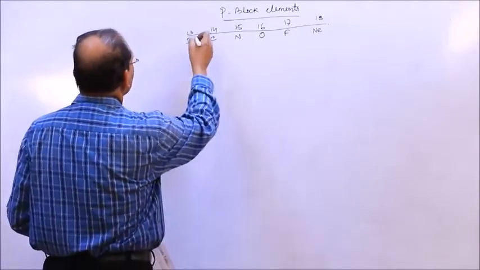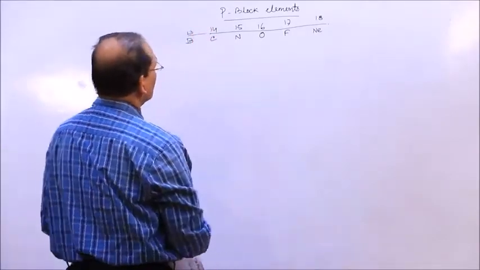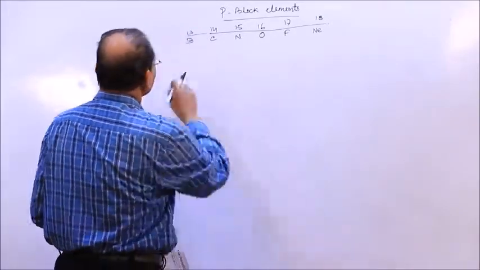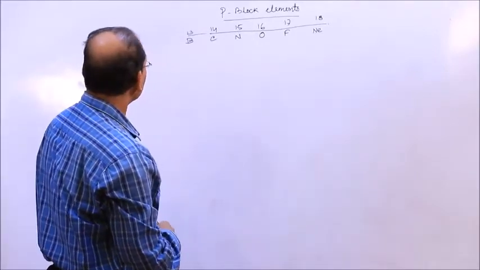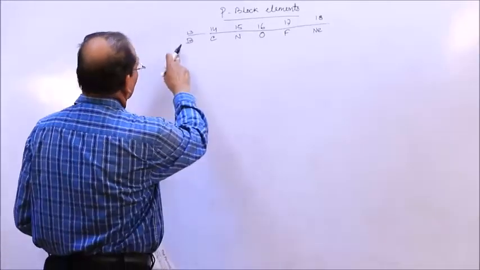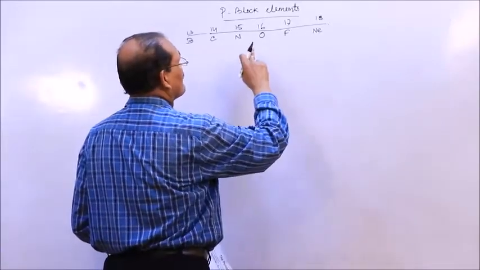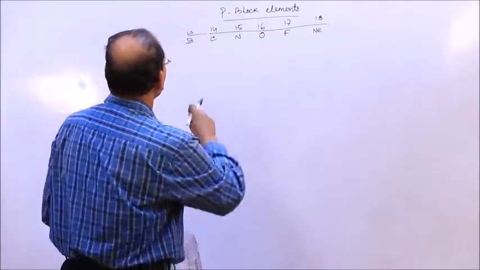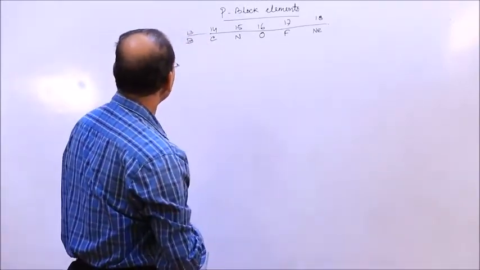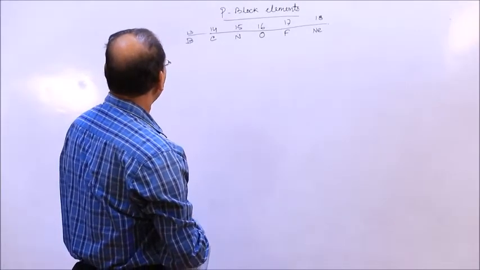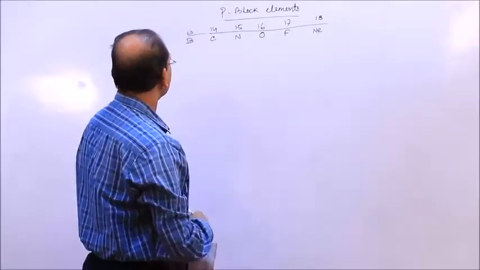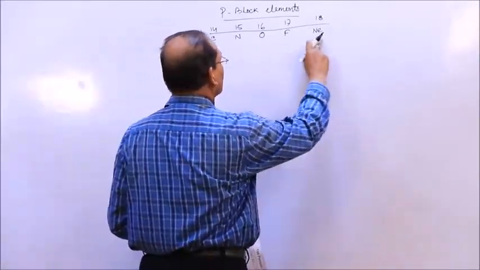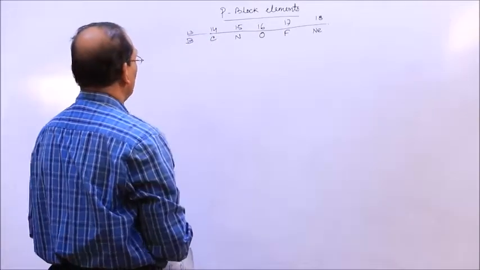So we will start with group 13. As we will learn, the metallic character decreases with increasing atomic number. In the case of boron, it has both metallic and non-metallic character, but it is included in the non-metals, and then the elements above are non-metals.